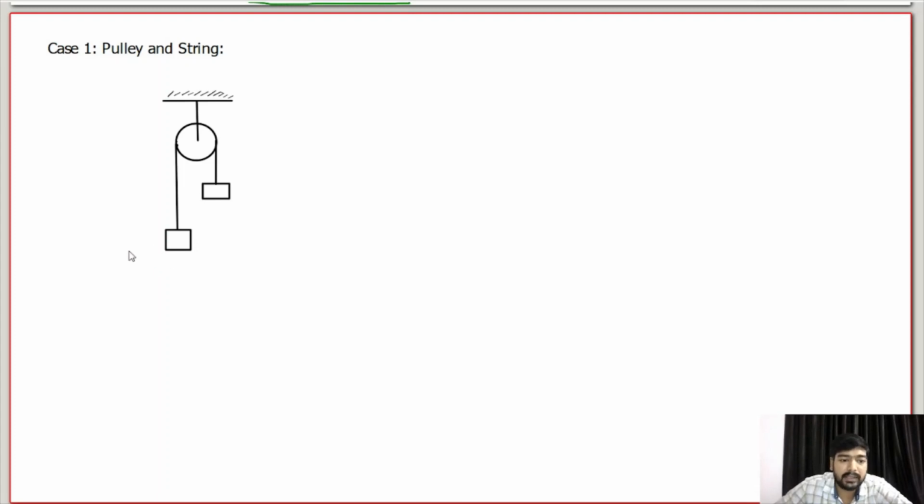Let's take this block A and this block B, and suppose this has mass MB and this has mass MA. These are the masses of the blocks. As I told you earlier, firstly we will draw the FBD of the two blocks.